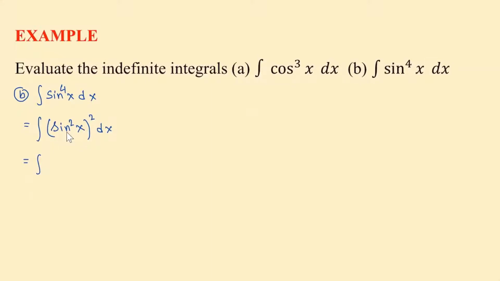We know that sine squared x is 1 minus cosine 2x over 2. That is the half angle formula for sine squared x. Sine squared x is 1 minus cosine 2x over 2, and we are squaring it.